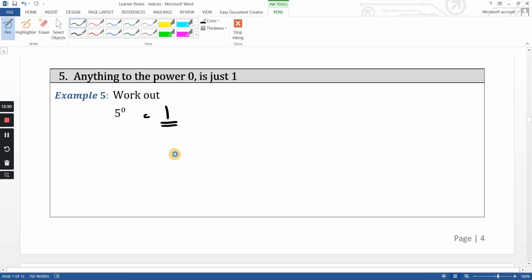And the reason for that, let me show you a bit of reasoning behind that. So for example, let me write here, obviously we know that 5 on its own divided by 5 is 1. What do we get if we do 5 to the power 2 divided by 5 to the power 2?